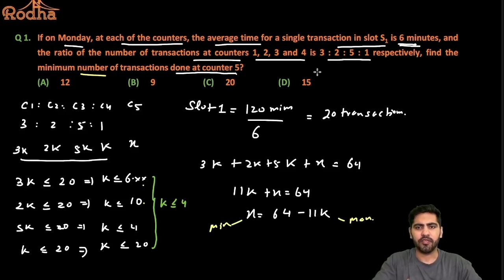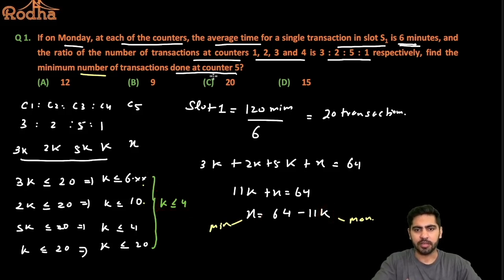If I take K as 5, it will satisfy this particular inequality, this one also, and this one also, but it will not satisfy this inequality, because as per this inequality the value of K should be less than or equal to 4. So I should look for a range which satisfies all the 4 inequalities, and that is nothing but K less than or equal to 4. So if I want to minimize X, I should maximize K, and the maximum value of K from here is nothing but 4.